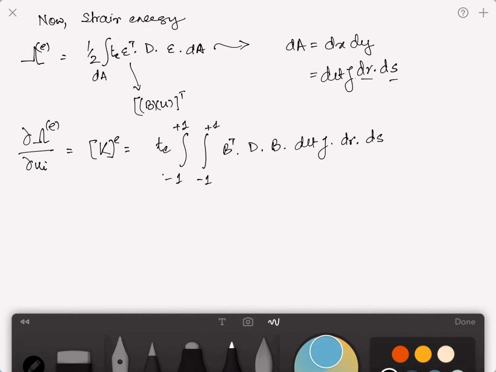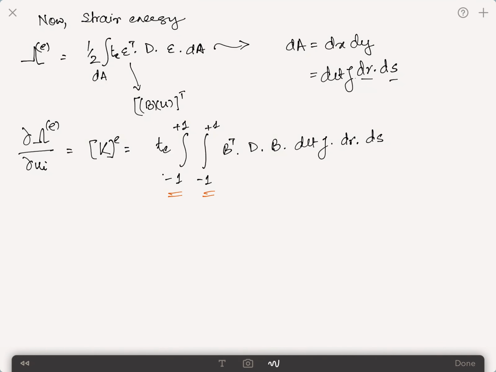Of course one of these is for the r and one of these is for the s. And all the terms are now known to us. We can easily find these out, substitute it back in, and get the stiffness matrix Ke.